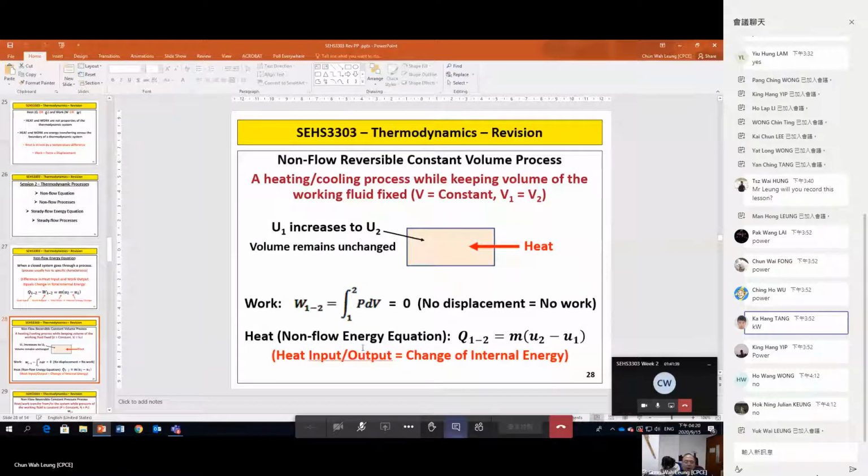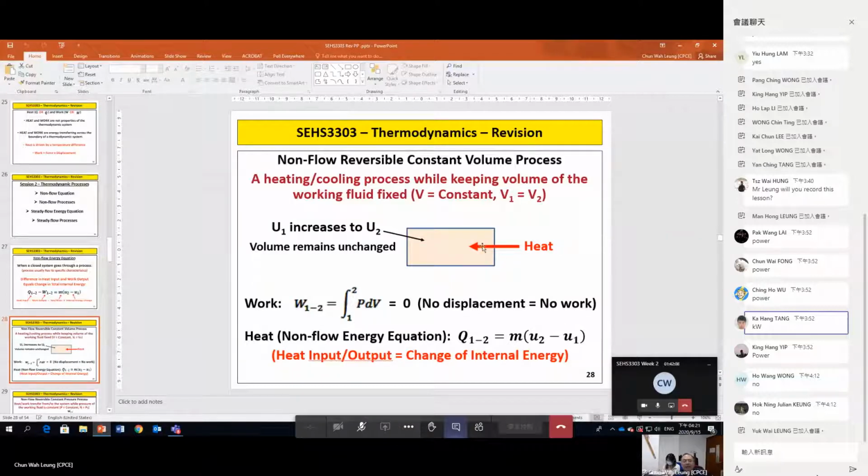We go back to the law and flow equation, cross out the work. There's no work. Therefore, the heat we introduce into the system from 1 to 2 is simply equal to the mass times the internal energy change from U1 to U2.